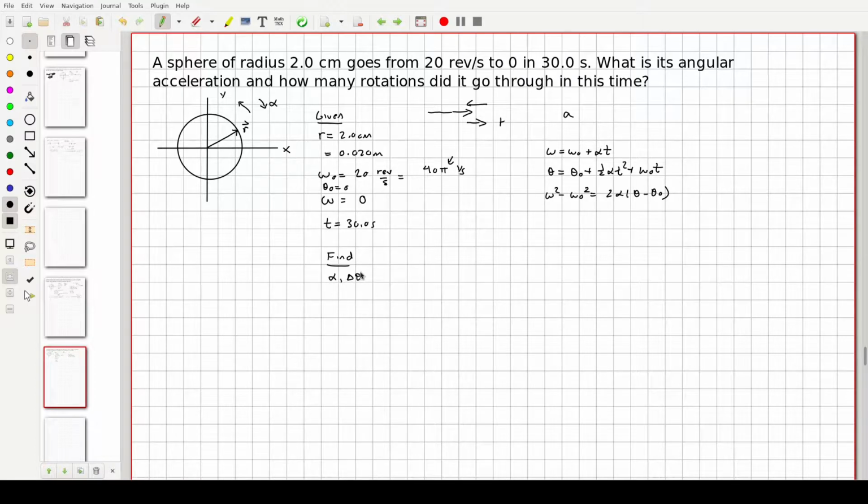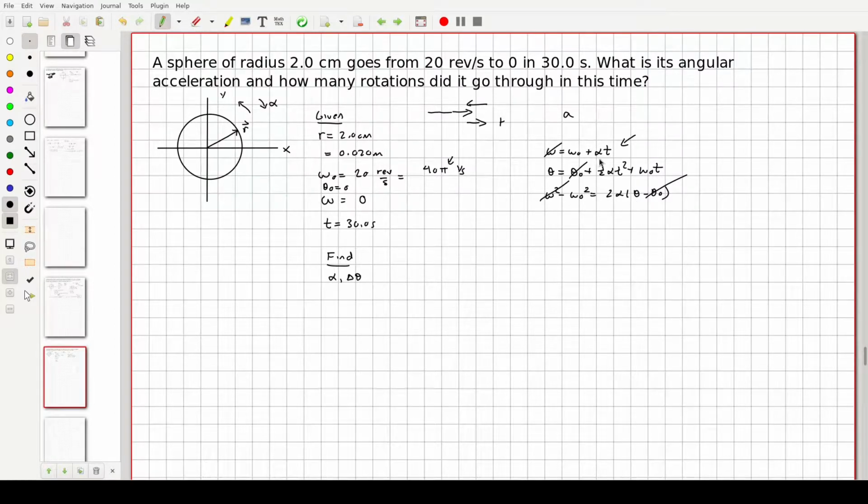Alpha, delta theta. I'm going to propose that we find alpha first. We're going to need it. But before we do that, let me plug in my zeros here. So my final angular velocity is 0. My angular position initially is 0, and that's 0 as well. So I propose we use this to find the acceleration, and then we use this to find theta.